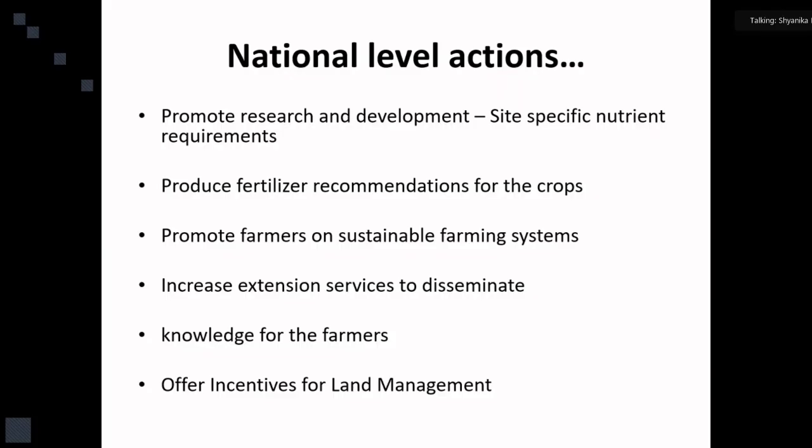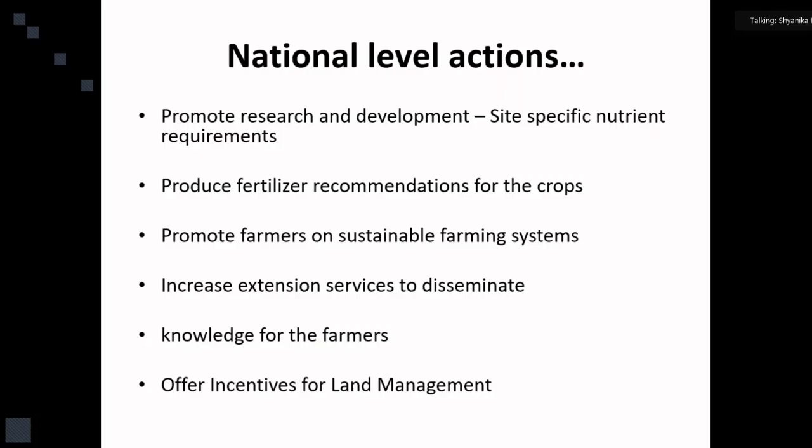Promote farmers on sustainable farming systems and increase the extension services. That means extension officers can go to the village and meet the people at the CBO level, community-based organizations, and make the farmers aware of these different issues.